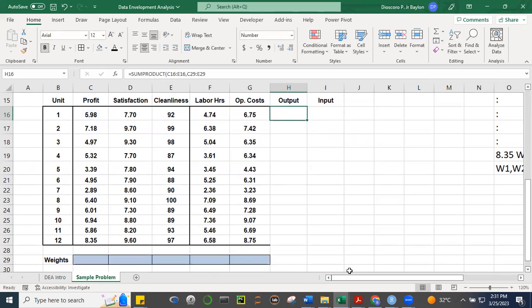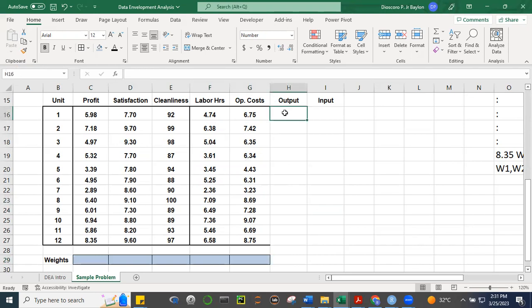Okay. In fact, we could do this. We can name this as output weights, and this one as our input weights.